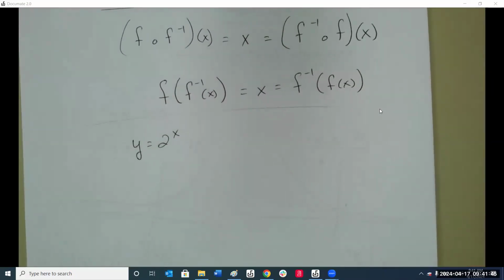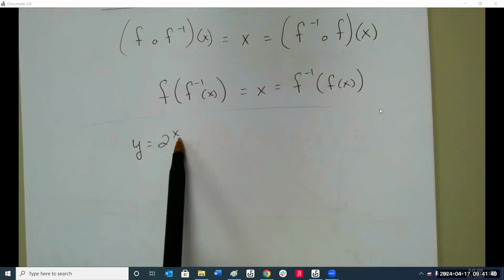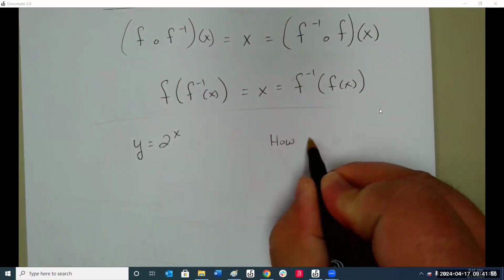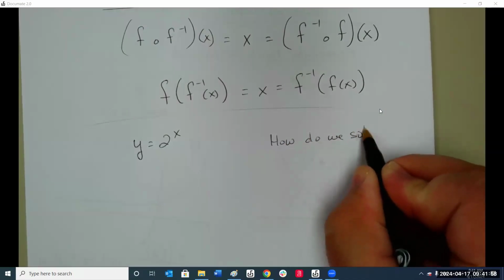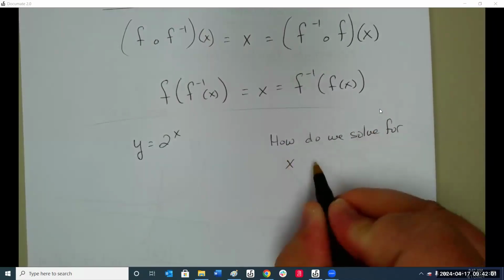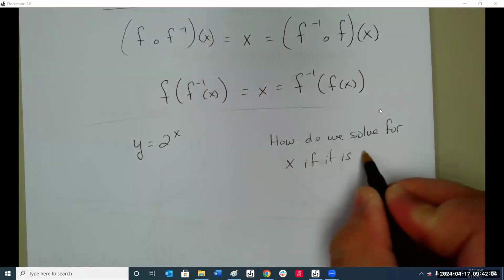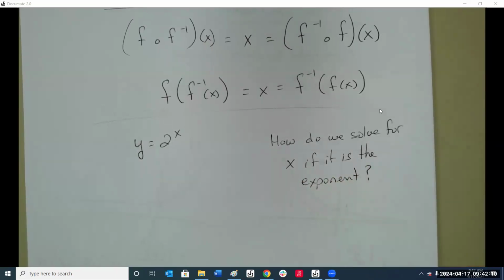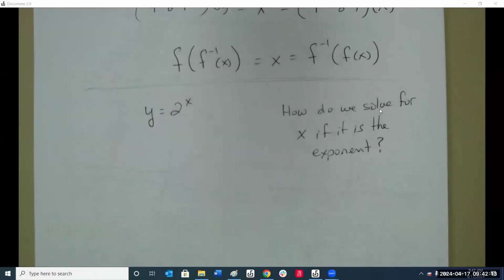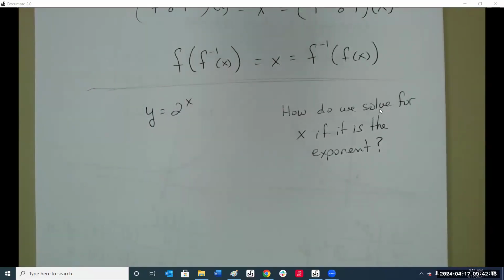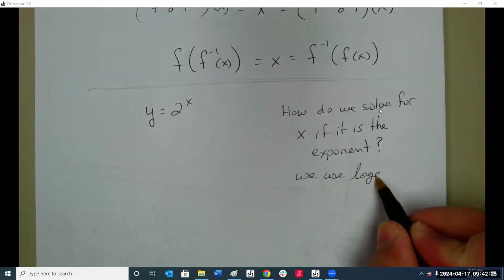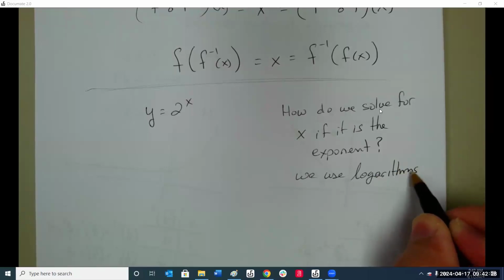But the question is, how do we solve for X if it's the exponent? This is where logarithms come in. We use logarithms.